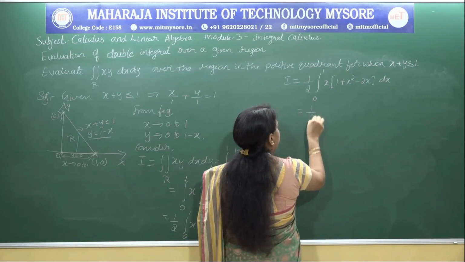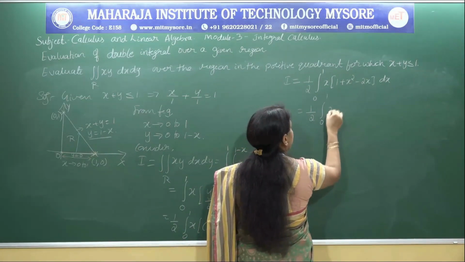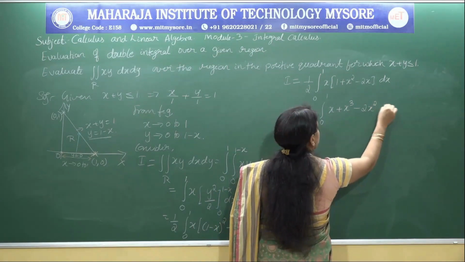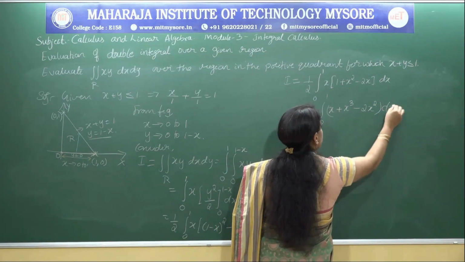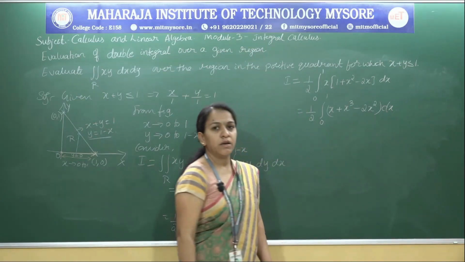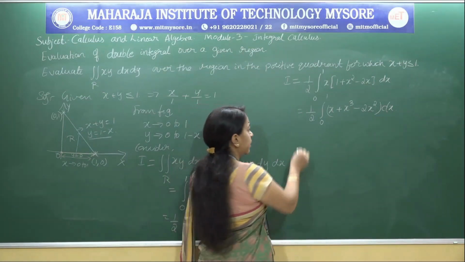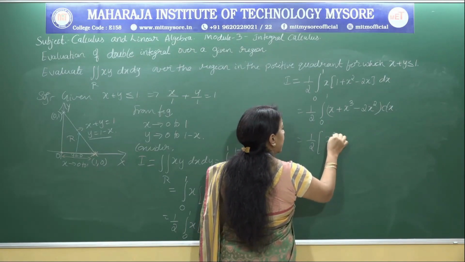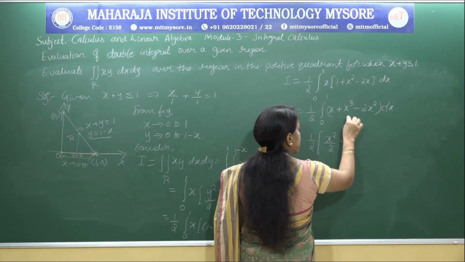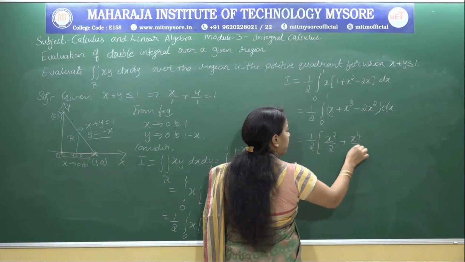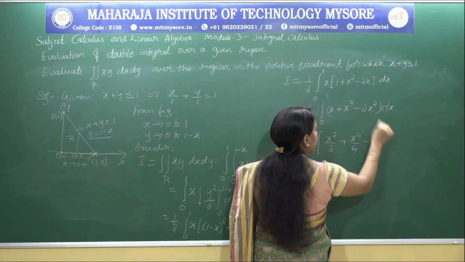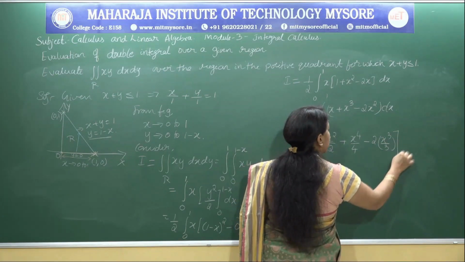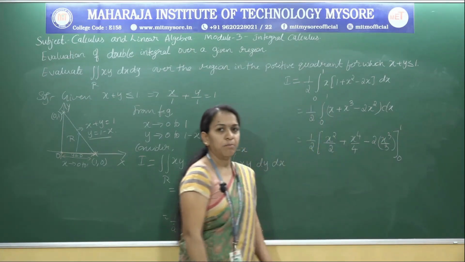So we have 1 by 2 into integral 0 to 1 of x plus x cube minus 2 x square, dx. Now I can integrate with respect to x: 1 by 2 into, integral of x is x square by 2, plus x cube integrates to x power 4 by 4, minus 2 times x square, integrating to x cube by 3, between the limits 0 to 1.